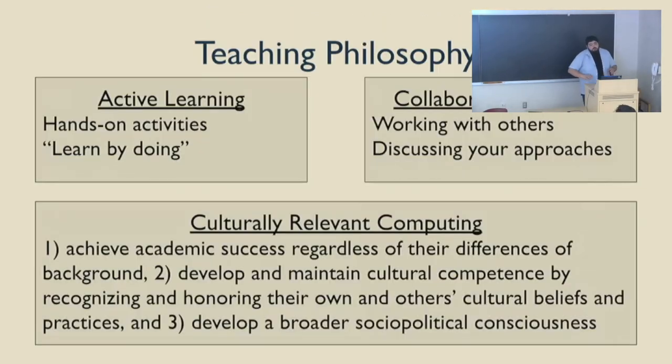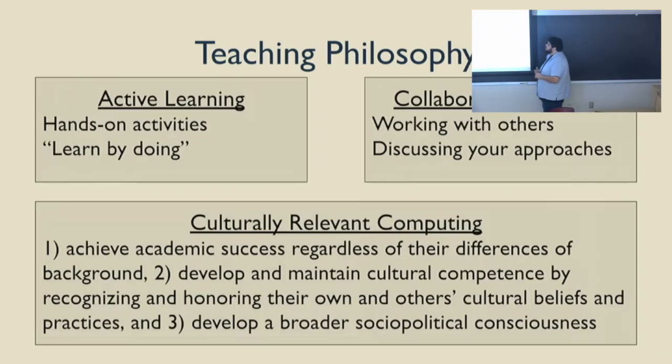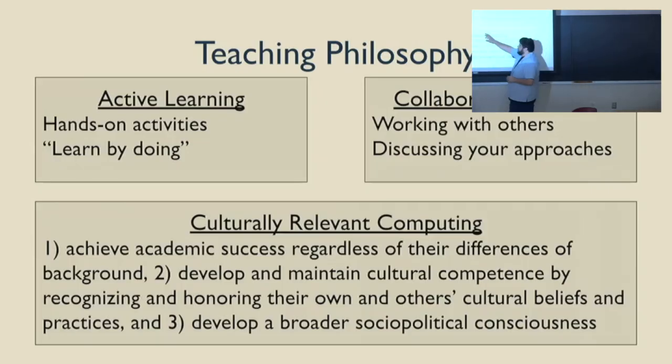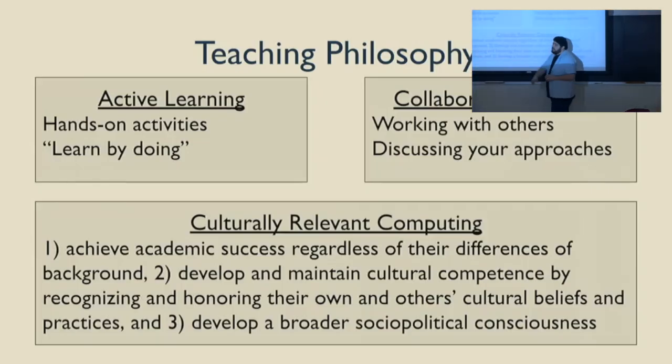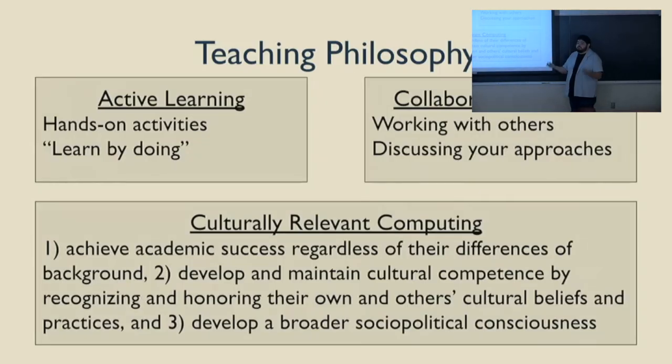And just a little bit more about my teaching philosophy, the kind of things that I like to do in the classroom so you can know what to expect whenever we're having these lectures. So one of the first things is active learning. Active learning is a very well-studied technique in computer science education, where we don't want to just be listening to a lecture all day long, kind of like what we've been doing for the past 15 minutes.